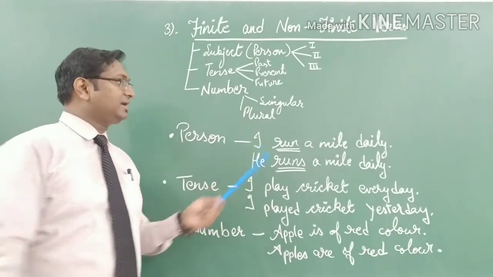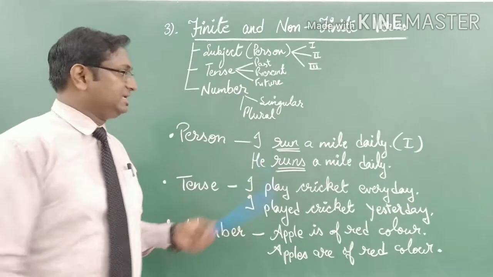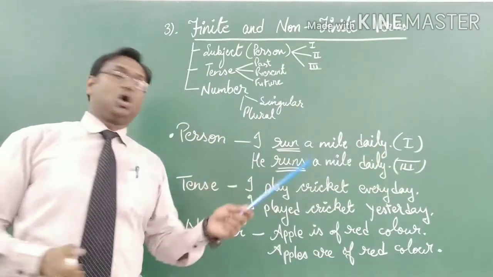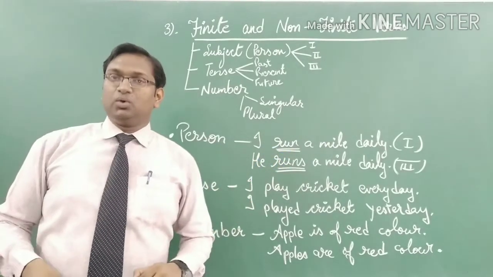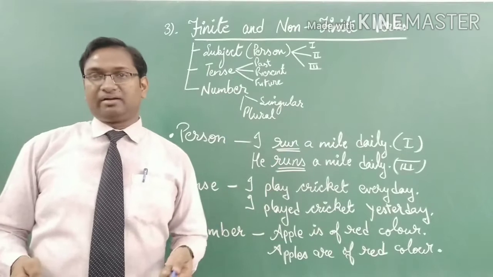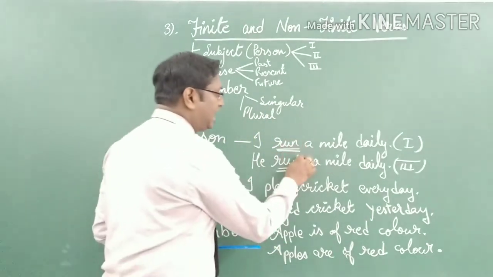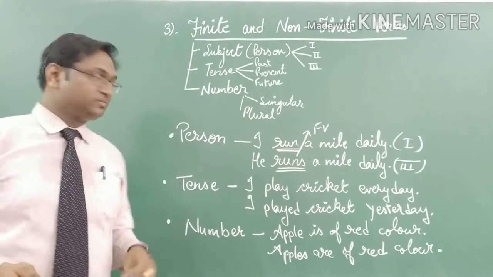So I is your first person and he is your third person. So according to the person we are going to change the verbs. First person run and third person runs. So these run and runs are your finite verbs.